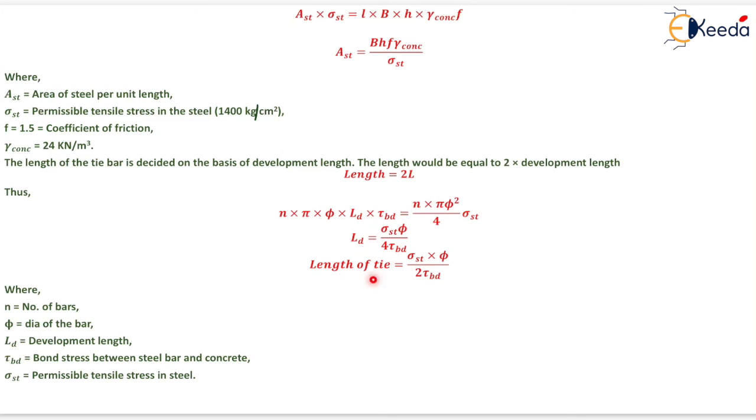So, the length of tie bar will be equal to sigma st into phi upon 2 tau BD, where n is the number of bars, phi is the diameter of bar, LD is the development length, tau BD is the bond stress between steel bar and concrete, sigma st is the permissible tensile stress in steel.